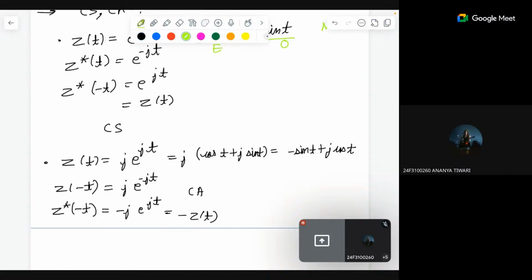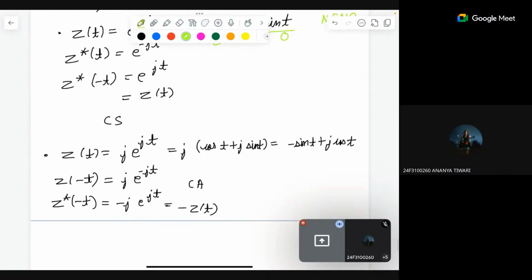Now I also want you to look at this expansion. So z(t) is j e raised to the power of jt. I write this Euler signal in terms of cos and sine. I multiply by j, and this is what I get, right? Is this fine? Now this is odd and this is even. So again, it is neither even nor odd.